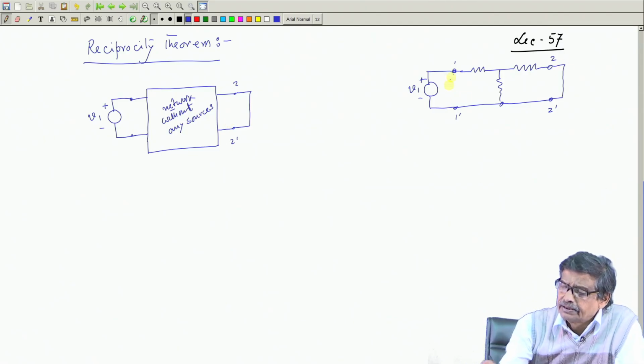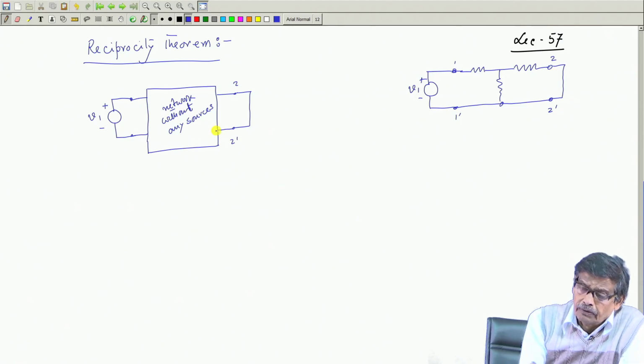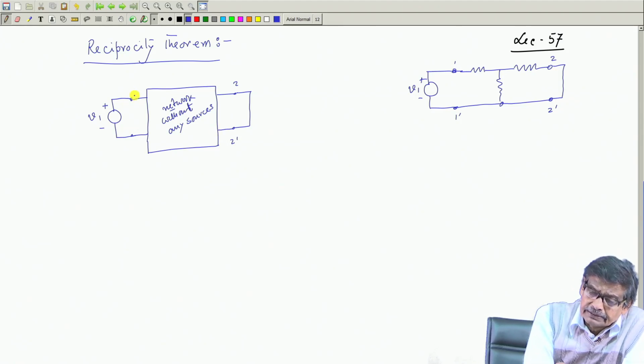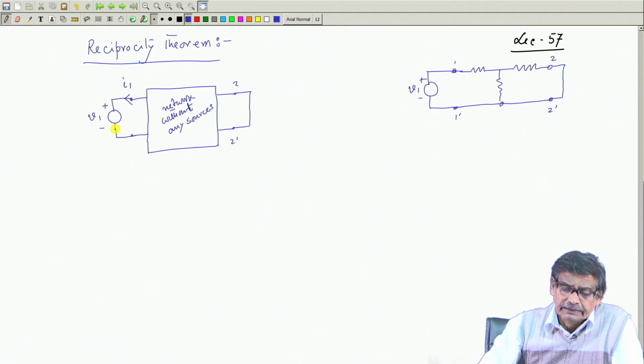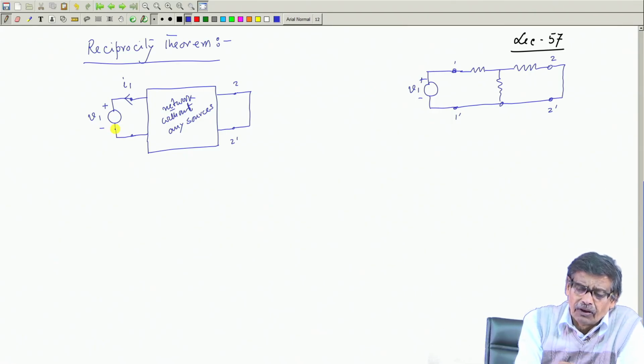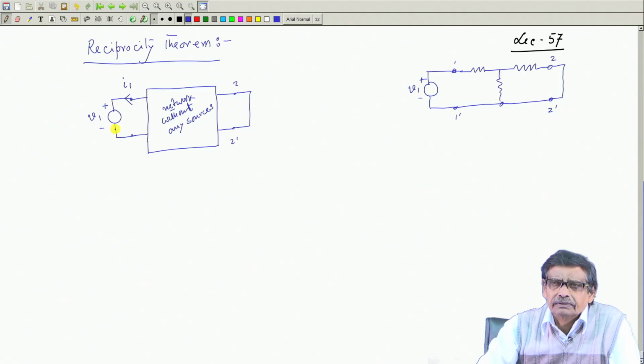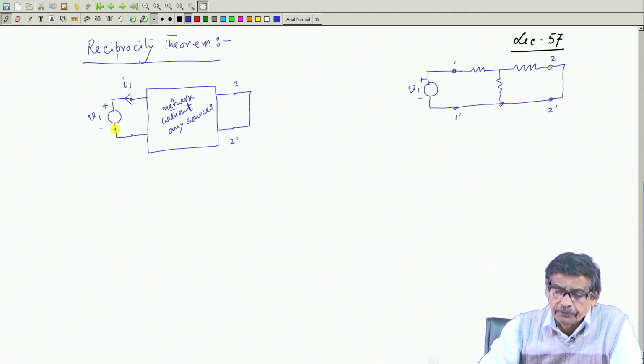I can find out this current, solve these networks, and so on. So, let this current direction, which I can arbitrarily assume, be I1 in this direction, as if all the elements will absorb power. That way we will try to apply Tellegen's theorem.